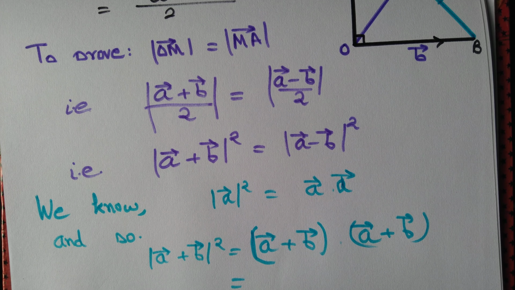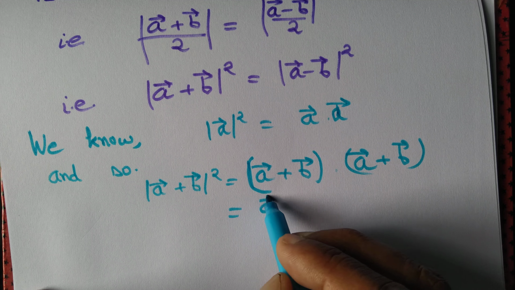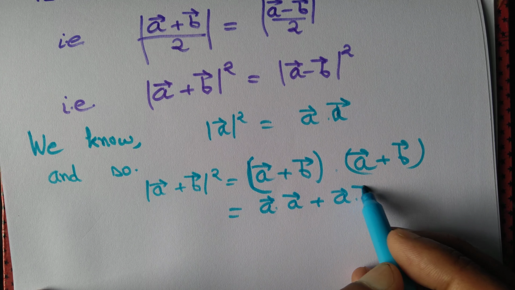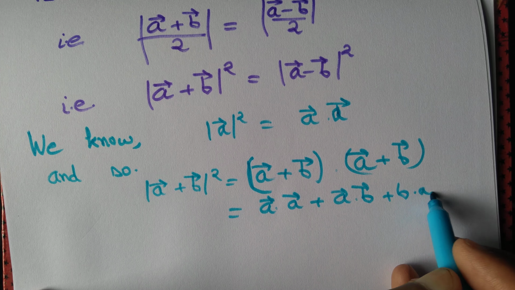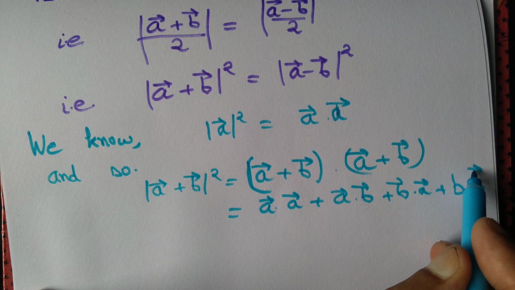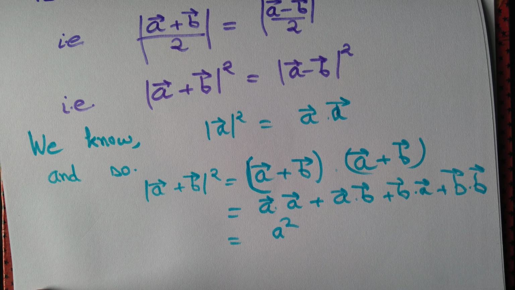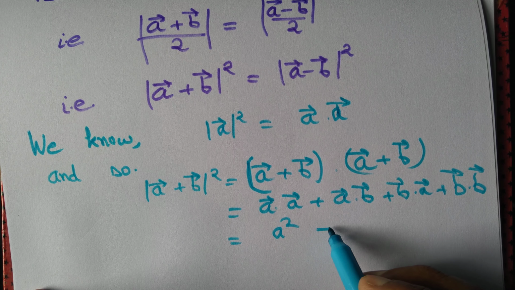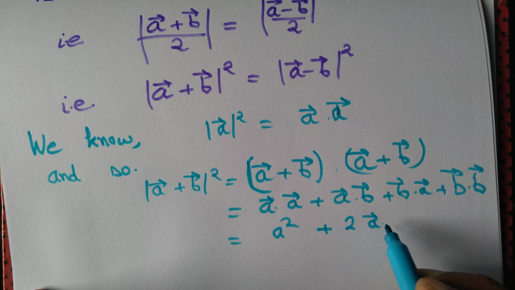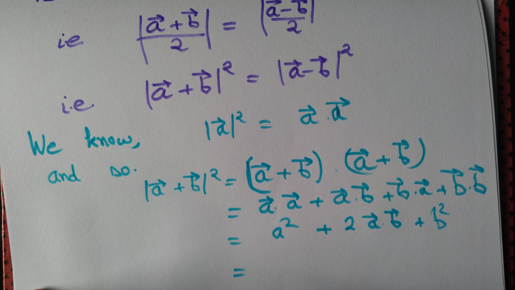We can apply the distributive law and say that this must be equal to A dot A plus A dot B plus B dot A plus B dot B. A dot A is A squared, A dot B is the same as B dot A, so 2 times A dot B. B dot B is B squared.